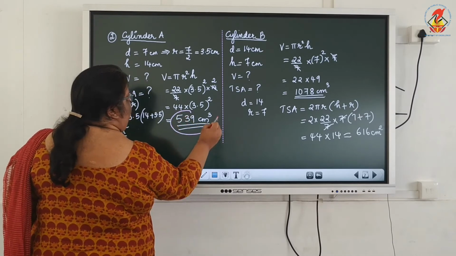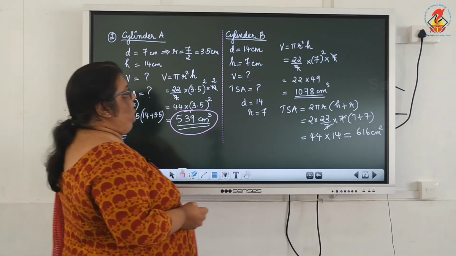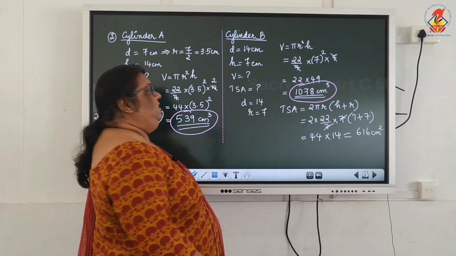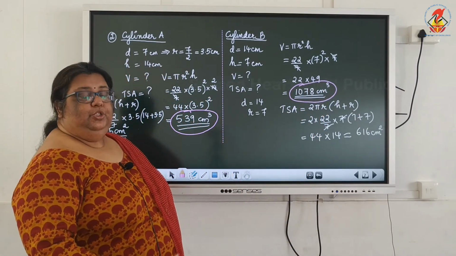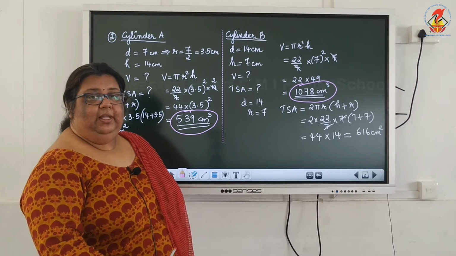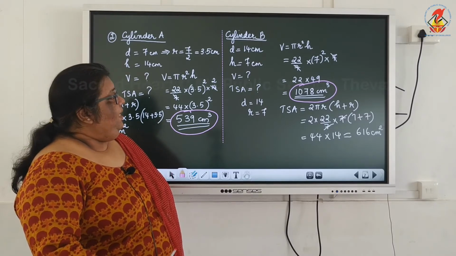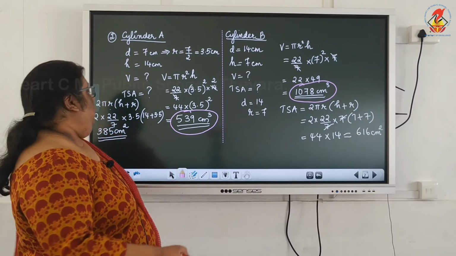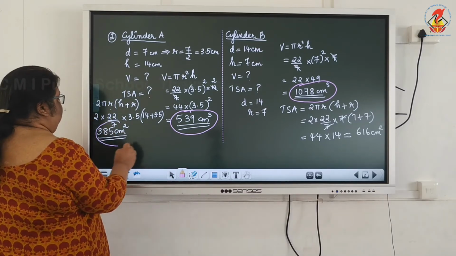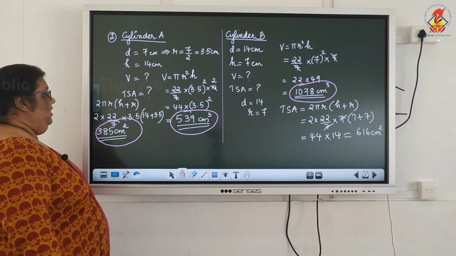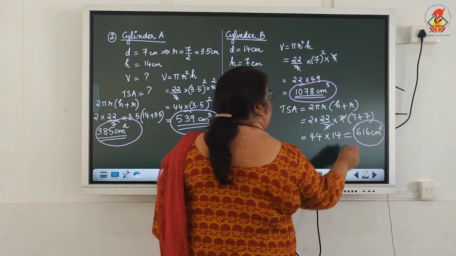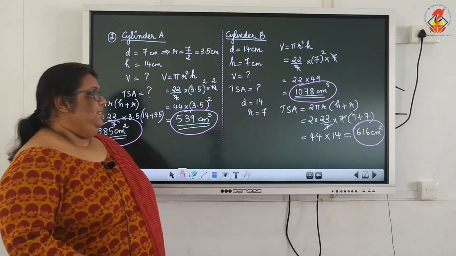Volume of cylinder A 539 centimeter cube. Volume of cylinder B 1078 centimeter cube. So which cylinder is having greater volume? Cylinder B is having greater volume than cylinder A. Total surface area of cylinder A is 385 centimeter square and the surface area of cylinder B is 616.